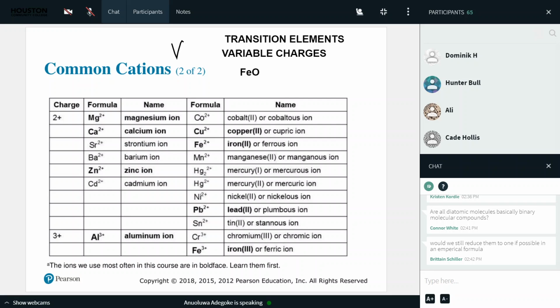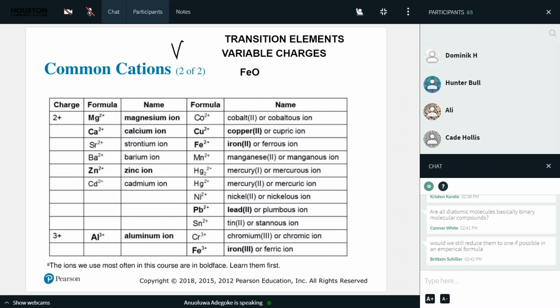If you are told to name this, we're still going to talk a lot about naming, but let me just use it as an example. You can't just call this iron oxide. You have to determine which ion of iron it is using in this compound, because iron can be either Fe2 plus or Fe3 plus.